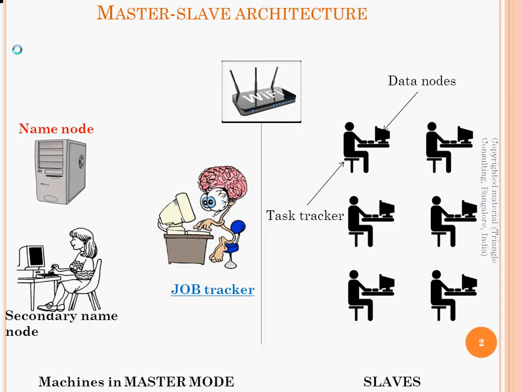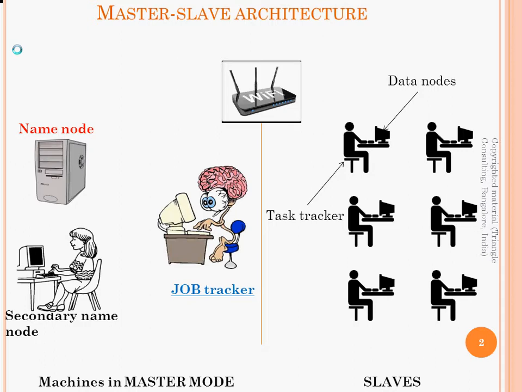On the right hand side are those nodes which are the computers which belong to your cluster, called data nodes. Each data node is basically a computer. It would have its dedicated CPUs, dedicated memory, that's the RAM, and a dedicated hard drive. And the task trackers are software daemons which are continuously running and monitoring the data nodes.